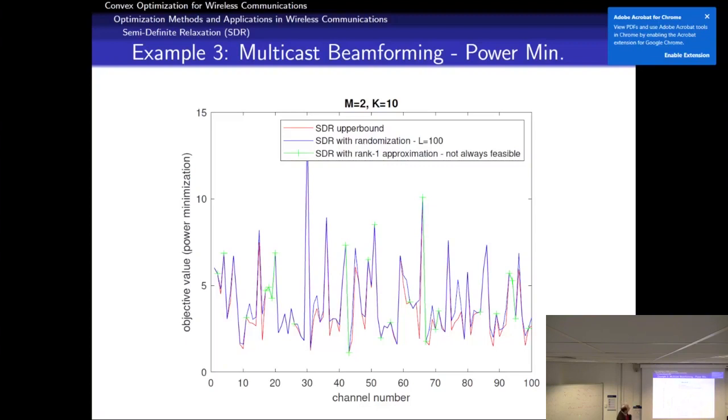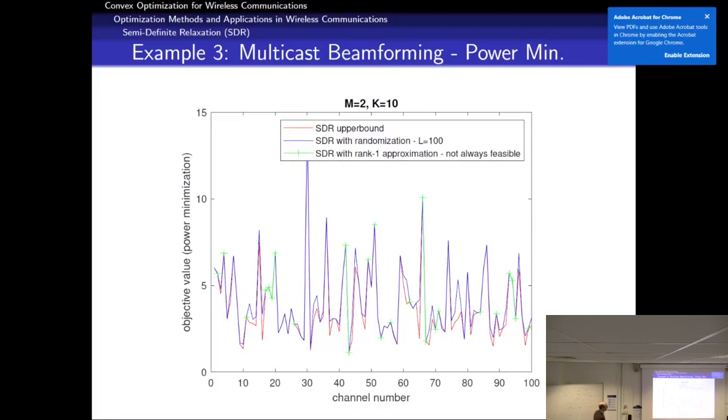The randomization is when you take your X, or your B here, you solve it, but then you reconstruct a W that is rank 1 by generating Gaussian entries for W whose covariance matrix is equal to X. You take many of them, and you choose the best one.